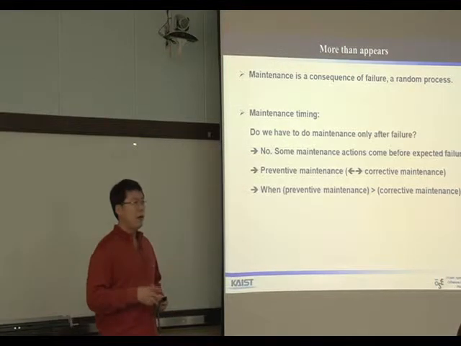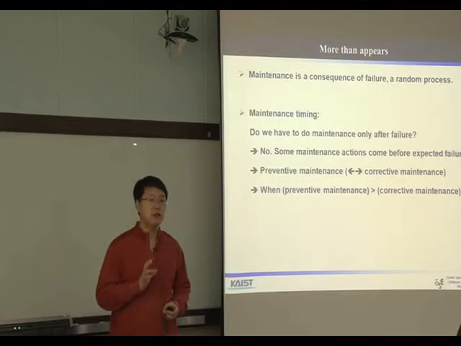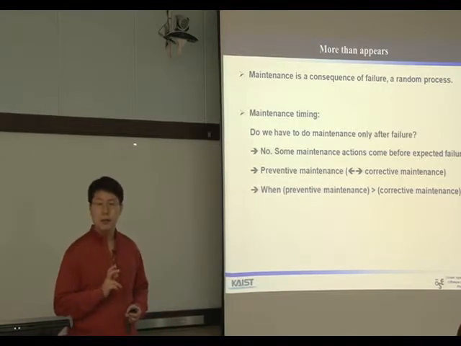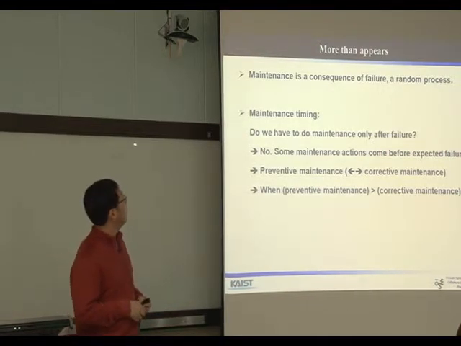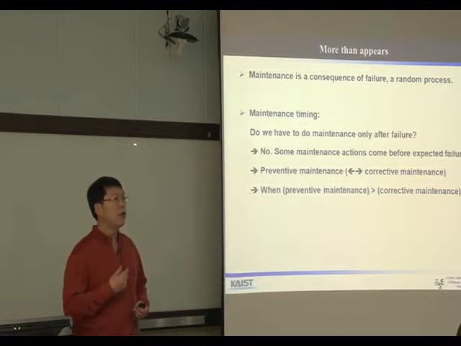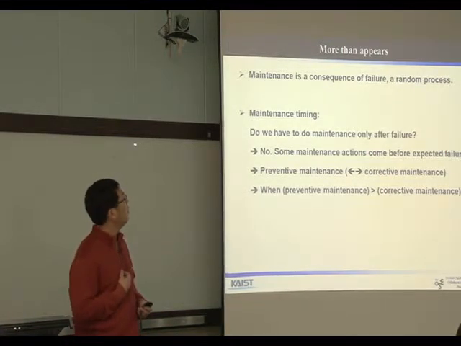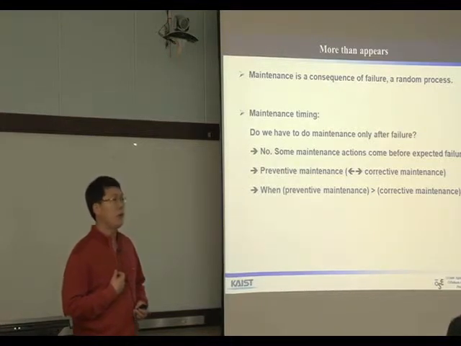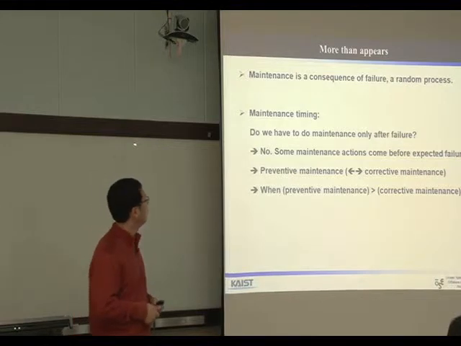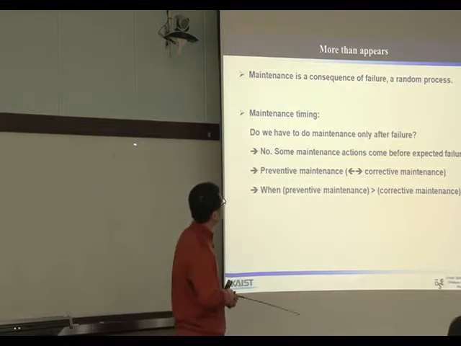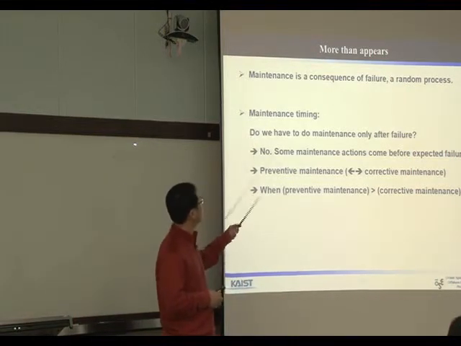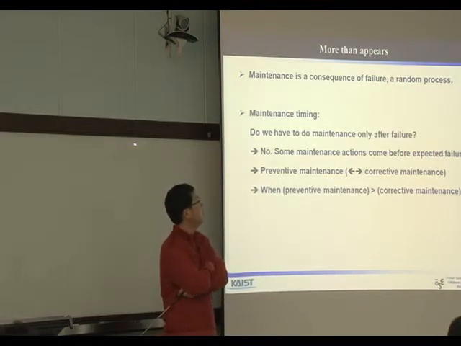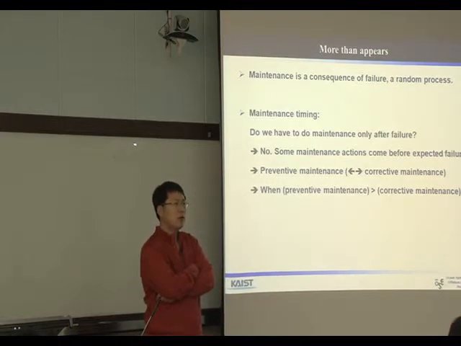Actually, the real situation is more complicated than it appears. The maintenance is a consequence of failure, so it's a random process. But another thing we need to consider is maintenance timing. The question is, do we have to do maintenance only after failure? Failure sometimes means a big accident.